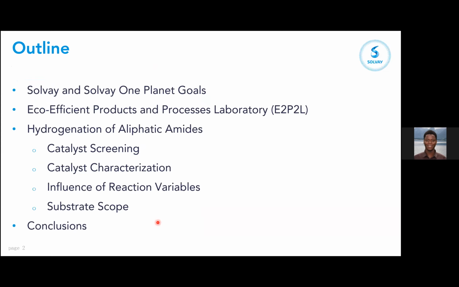And I will go further into the details with one case study, which I will highlight today, which is hydrogenation of aliphatic amides. I will show catalyst screening and some examples of catalyst characterization and the influence of different reaction variables in this reaction, as well as substrate scope. And finally, I will wrap up my talk with the conclusion.